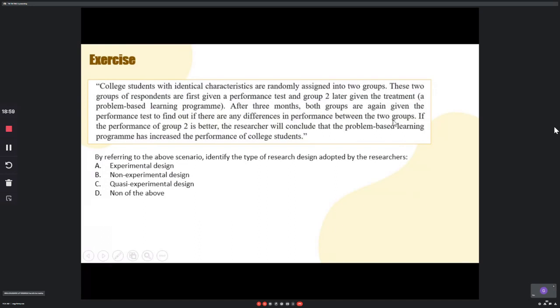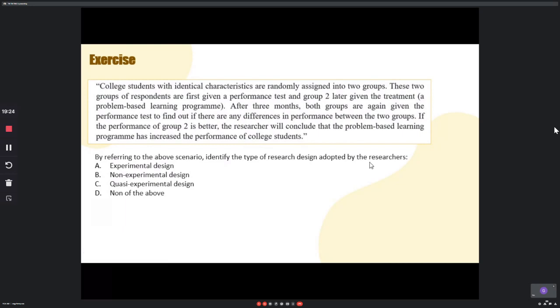After 3 months, these two groups come together and sit for the test again to see whether there's any performance difference between the two groups. If the performance of group 2 is better, the researcher will conclude that the problem-based learning program has increased the performance of college students. So referring to the above scenario, identify the type of research design adopted by the researcher.